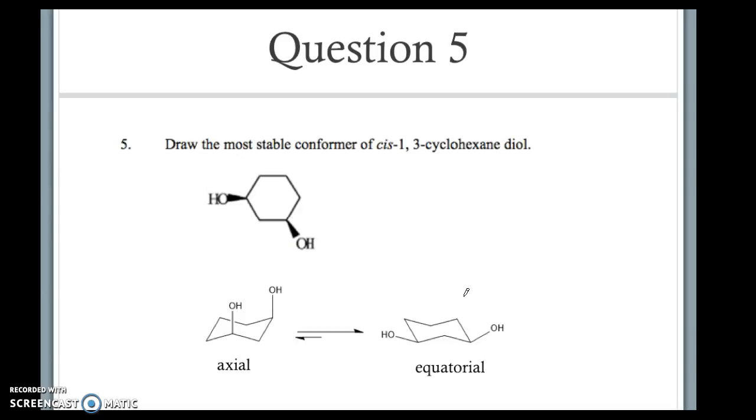In order to do that, we need to have an understanding of how to make chair configurations. We need to know that when the substituents are in axial positions, there tends to be more unfavorable interactions with axial atoms on the same side. These interactions are called 1,3 diaxial interactions, and this occurs between the substituents and they bump into each other.